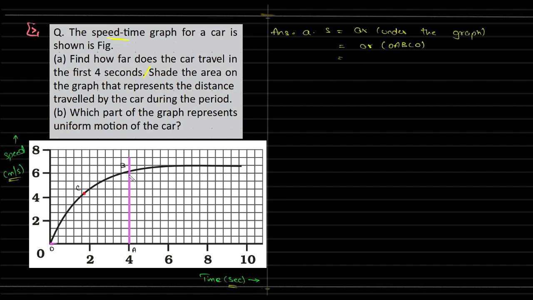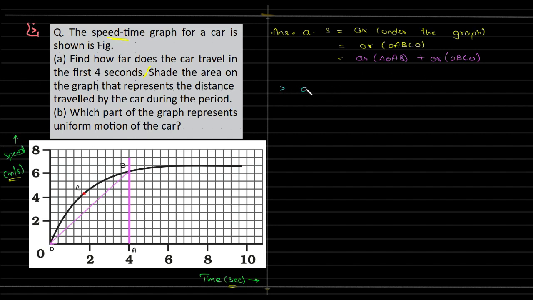Well, we can find it in two ways. One, we can talk about the triangle OAB first. Area of triangle OAB, that would be first. Then we add area of OBCO. If we do that, we'll be able to find the area of this entire section. Okay, so this is the game plan.